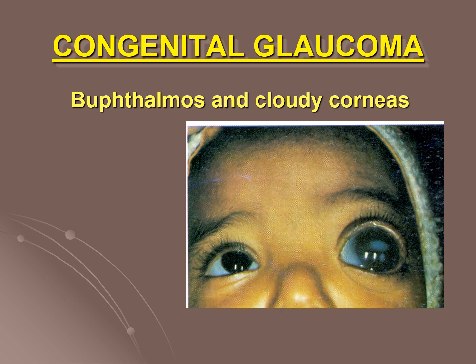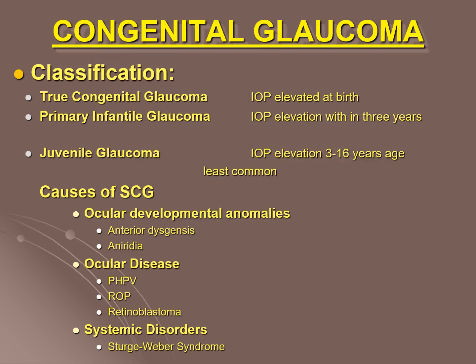So congenital glaucoma is also called buphthalmos. The eye looks like a bulge-like bluish eye having larger size. So what is the classification of congenital glaucoma? It may be true congenital glaucoma.